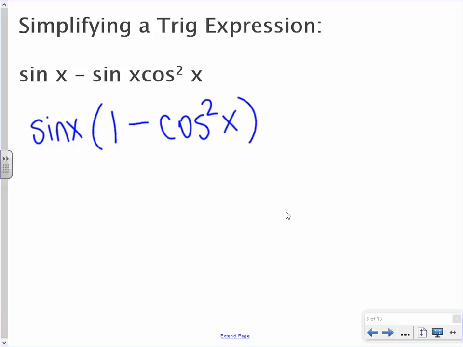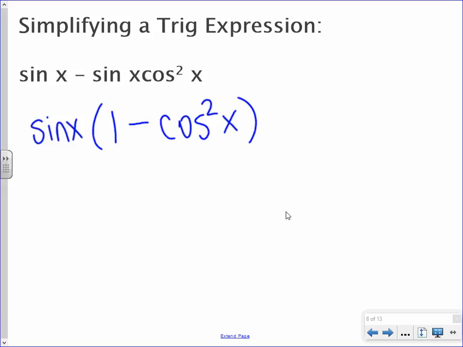Okay, now ideas. That does follow a difference of squares pattern. However, that's not going to make it simpler. Okay? I like that thought. All right?